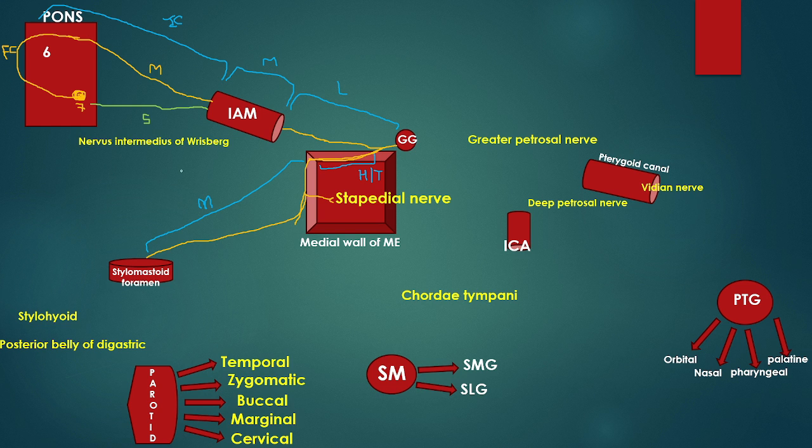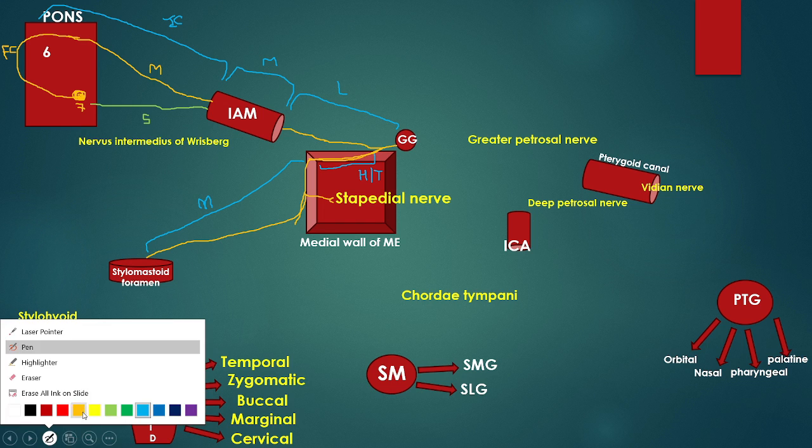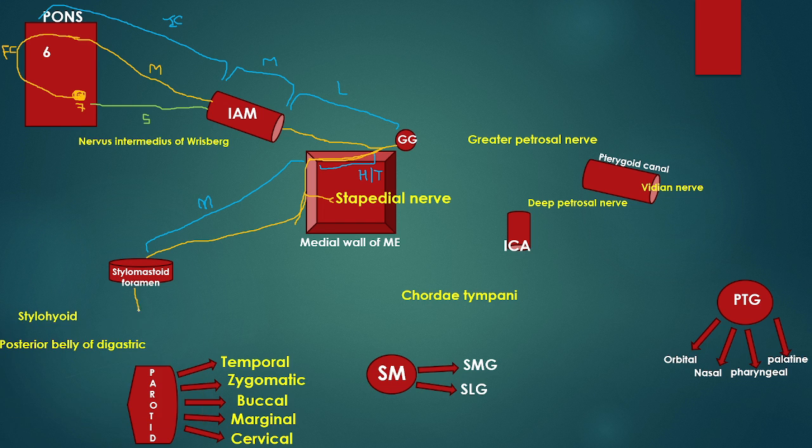Okay. Now after it passes through the mastoid segment, it gives two branches, that is the nerve to stylohyoid and the nerve to the posterior belly of digastric. Simple.